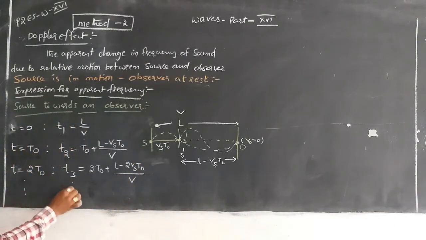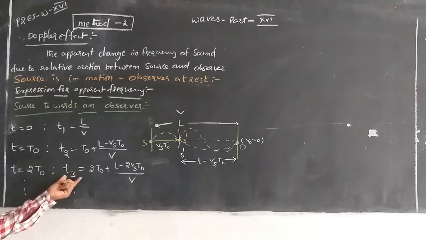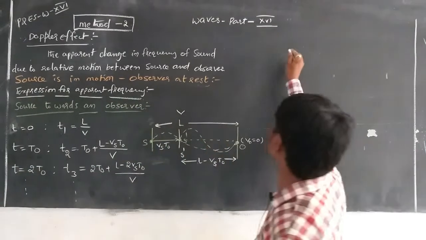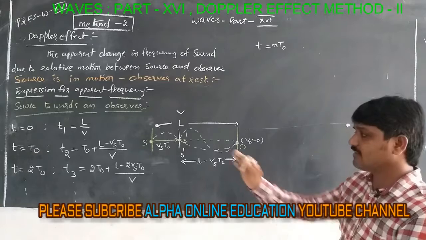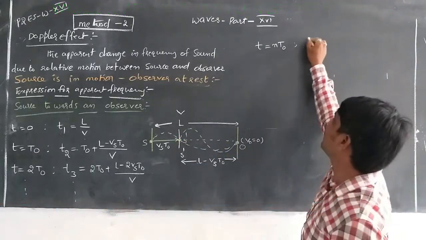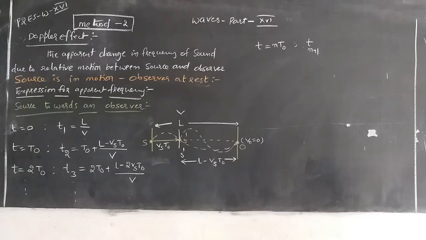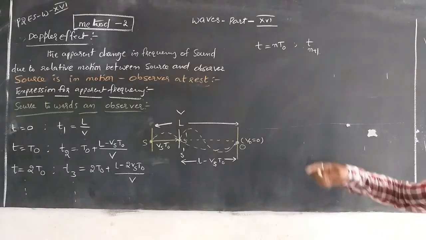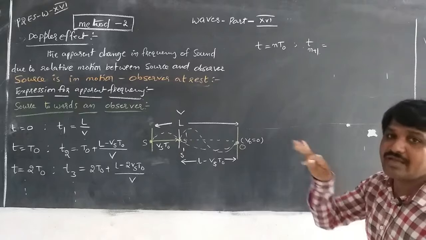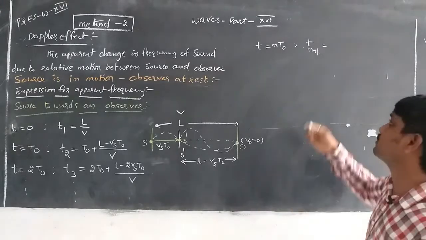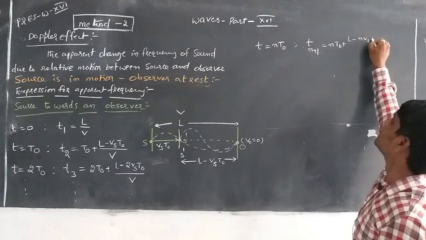Like that, for n number of waves, whenever t is equal to n t naught, the n plus 1 wave is released. Whenever the nth interval has passed and the distance has been traveled, the n plus 1 wave is released, and the time at which the observer receives it is t n plus 1, equal to n t naught plus L minus n Vs t naught by v.